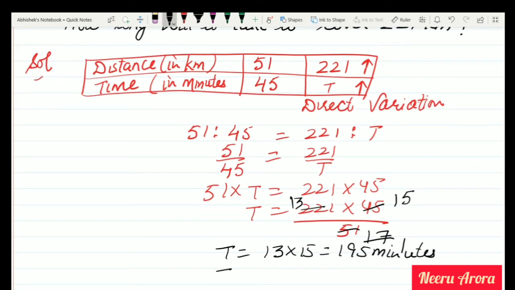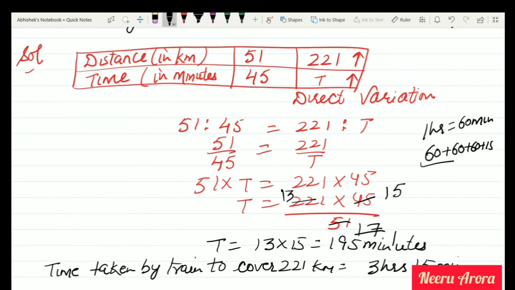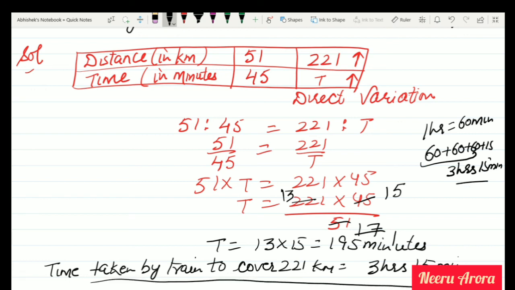Time taken by train to cover 221 kilometers is 3 hours 15 minutes. 1 hour is equal to 60 minutes, so 60 plus 60 plus 60 is 3 hours, and the last is 15 minutes. So the time taken by the train to cover 221 kilometers is 3 hours 15 minutes.